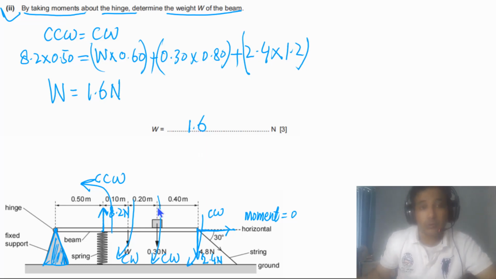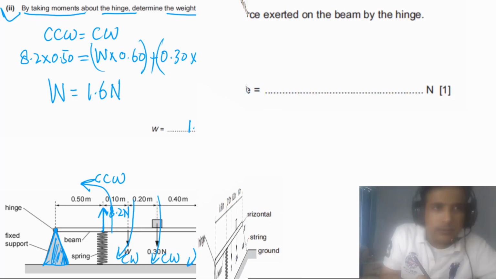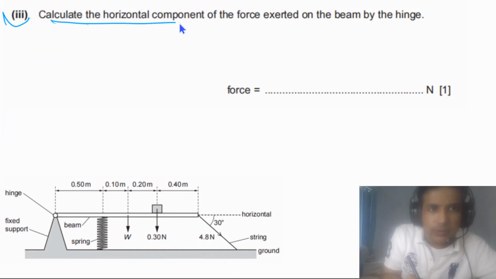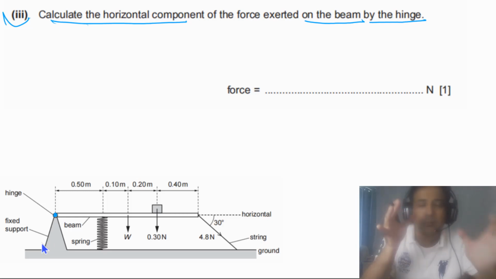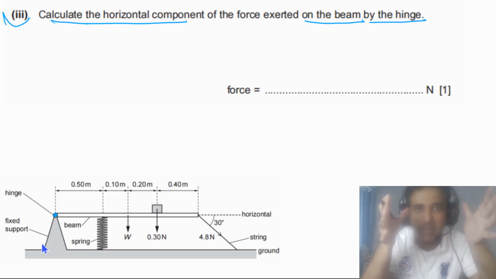So this is how you need to answer this part of the question. For our third part, we need to calculate the horizontal component of the force exerted on the beam by the hinge. As the beam is in equilibrium, the resultant force in any direction has to be equal to 0.